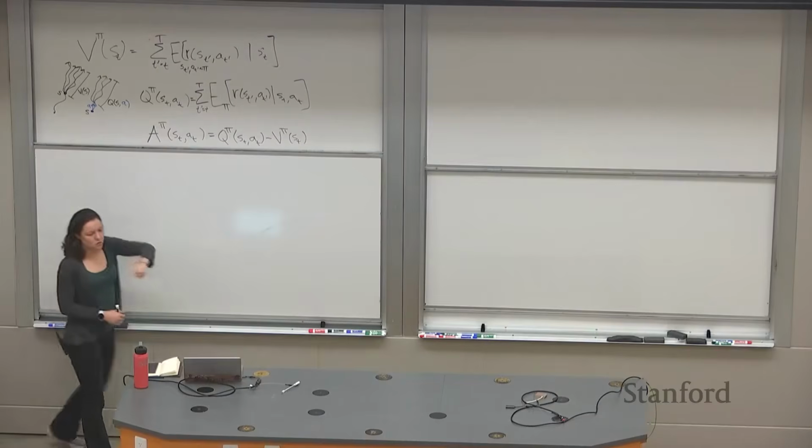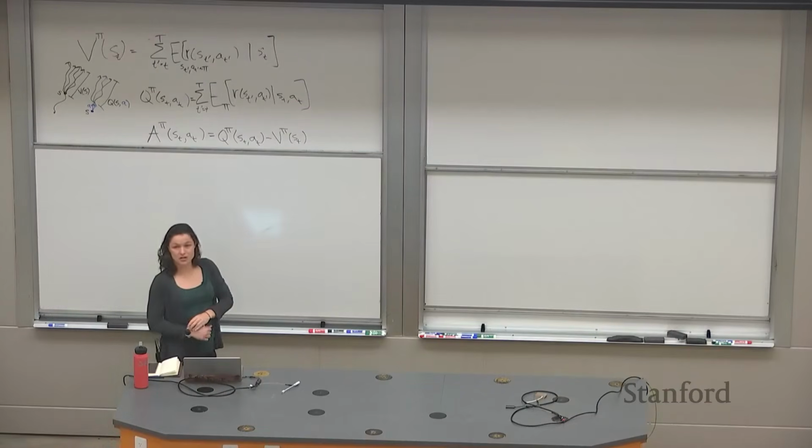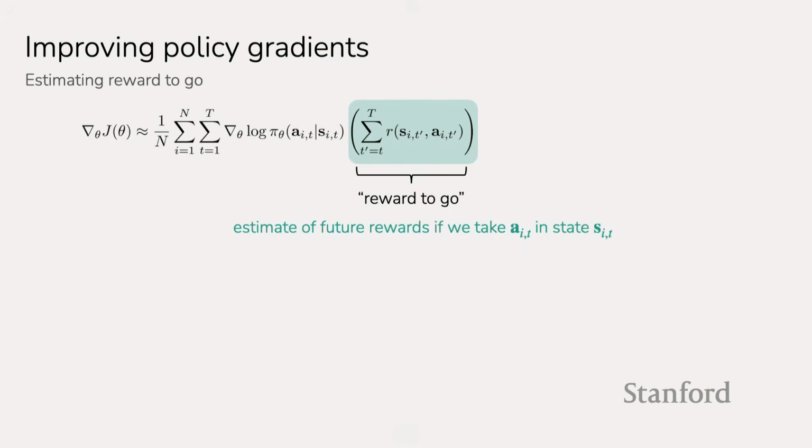We were looking at this quantity in terms of what we observed in trajectories, but an even better version of this quantity would be to actually use the Q function. And if we could replace this with the Q function, then we would be able to get a much better estimate of whether or not we should push up the likelihood or push down the likelihood.